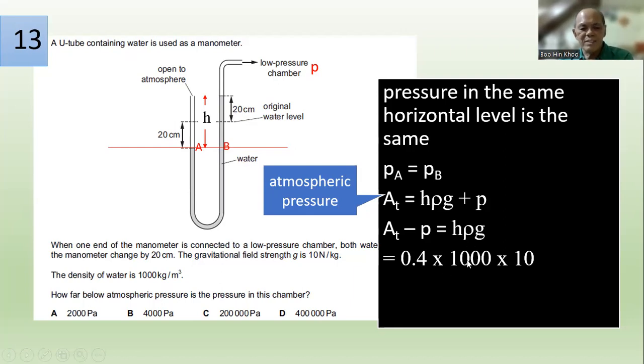Density of water is 1000. For g, since we are told to use 10, you use 10. 4000 Pascal. Answer is B.